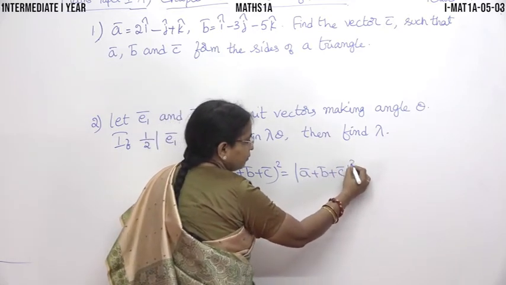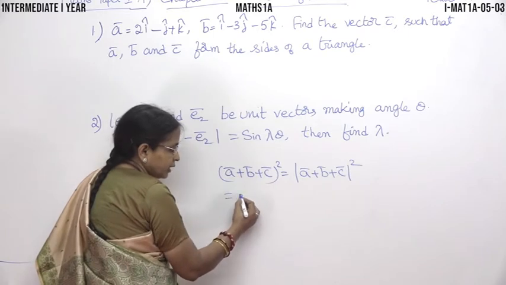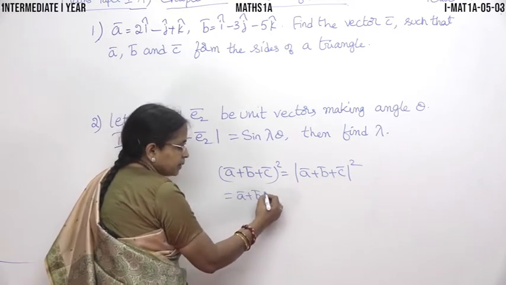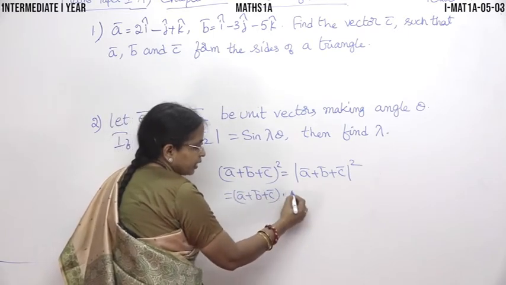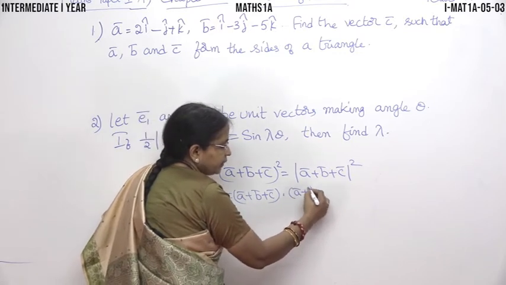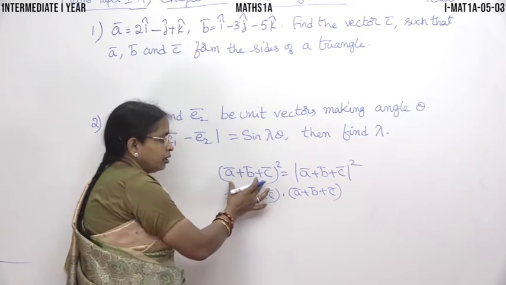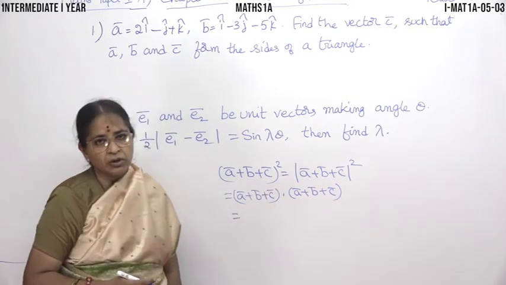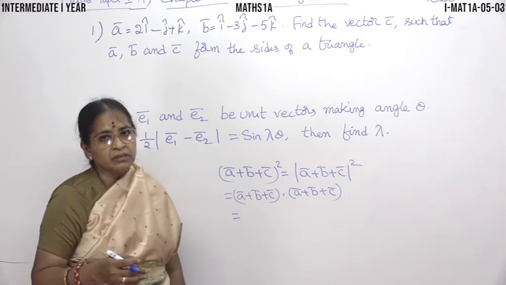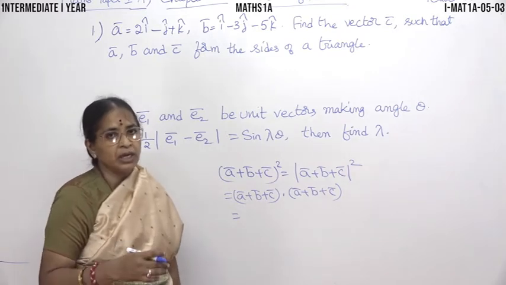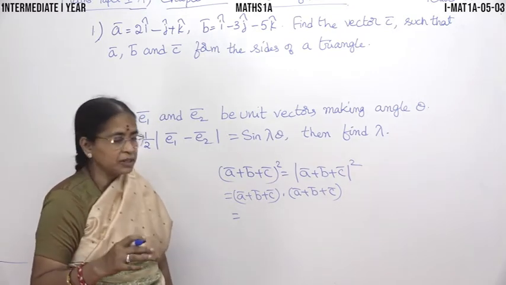Both are the same. You can write this as A plus B plus C dot A plus B plus C. And then you know the expansion of A plus B plus C whole square: A square plus B square plus C square plus 2AB plus 2BC plus 2CA.